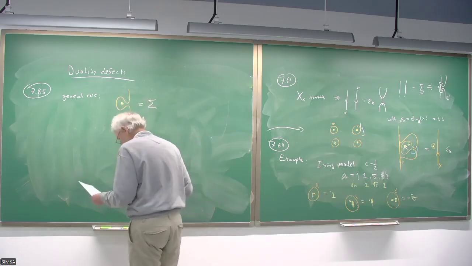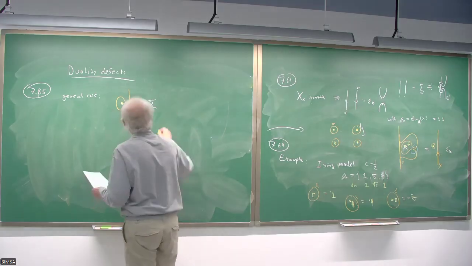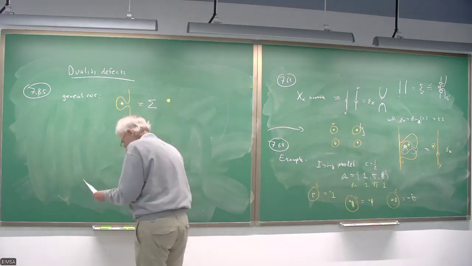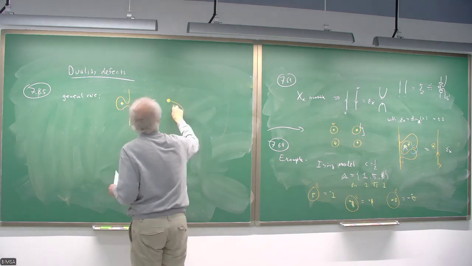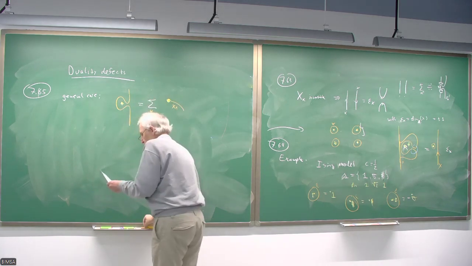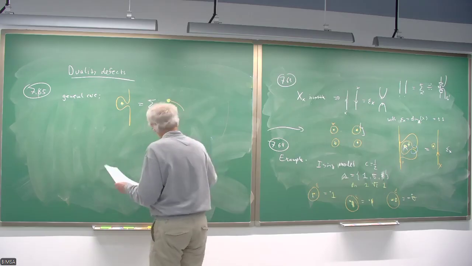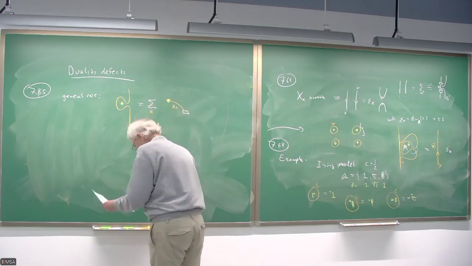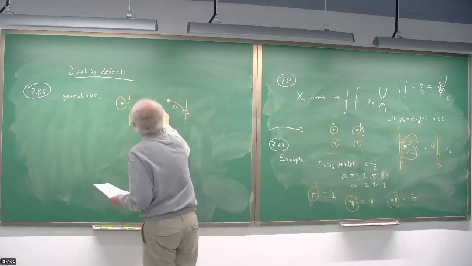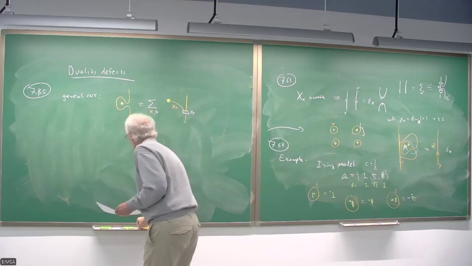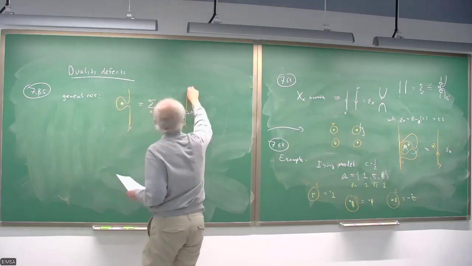I can write this as a sum of terms where I now have a disorder field here, over kappa, and these are simple defects, some morphism, and some over beta also, where this is beta, and x.